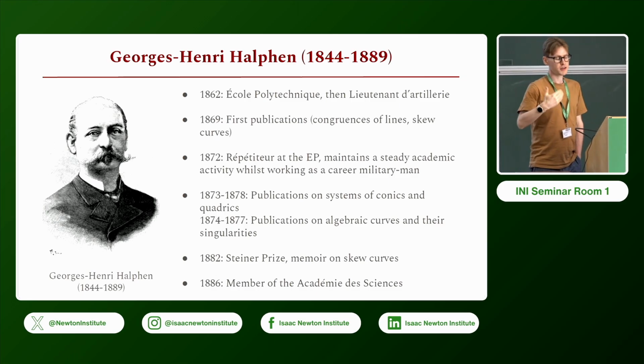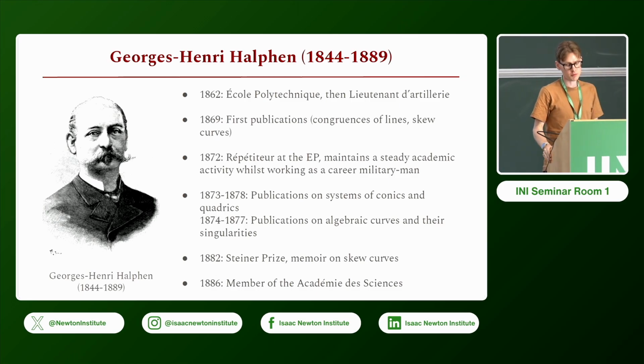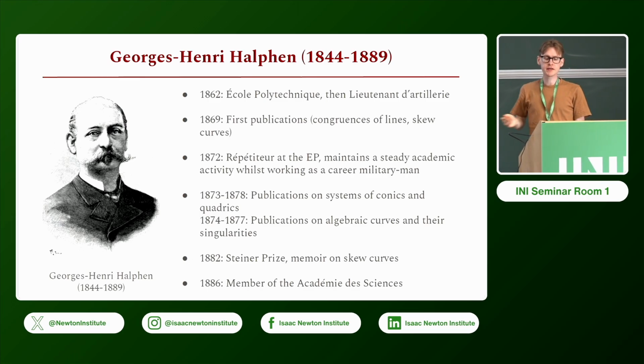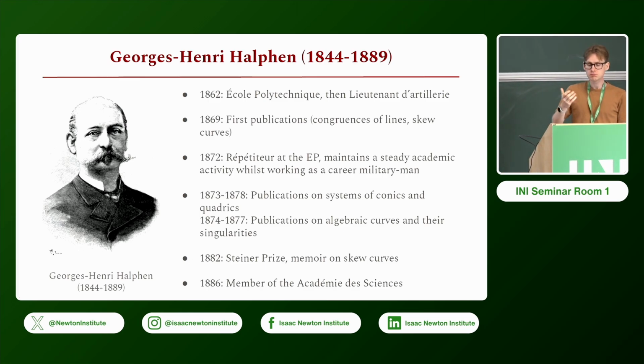So he's someone who was quite successful institutionally as well, someone who was widely recognized by his peers as an important mathematician. When he died, his collected works were edited by people like Poincaré, Hermite, Picard, someone who was very much known by all and well appreciated in leading institutions.